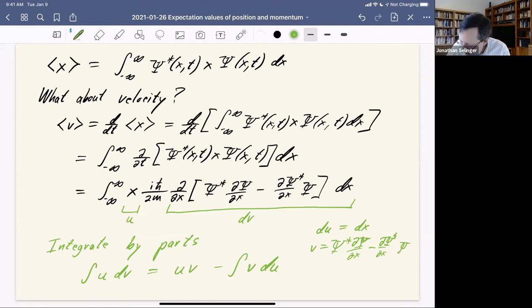Okay, so let's do the integration by parts.